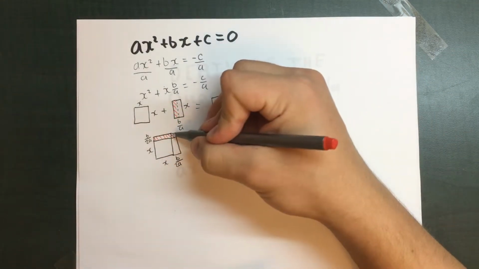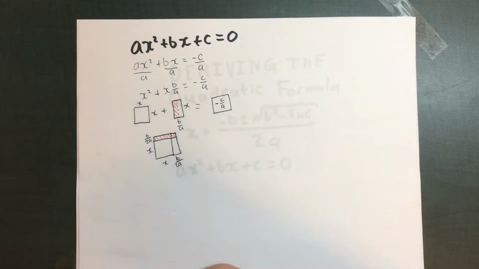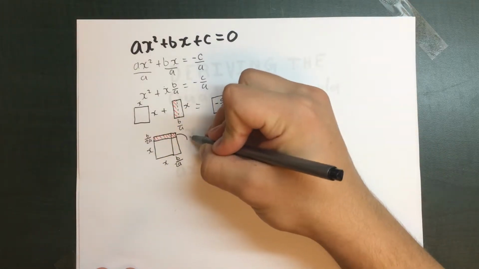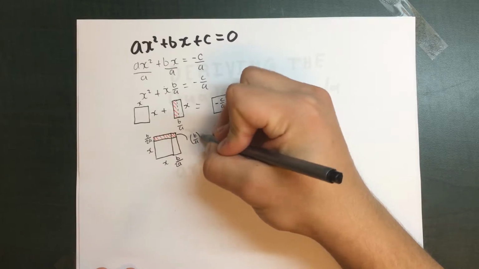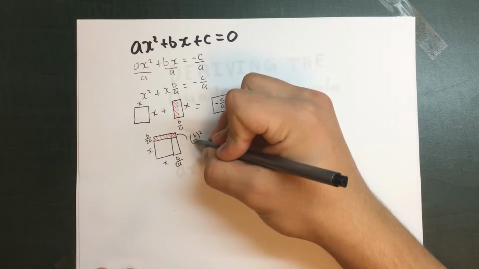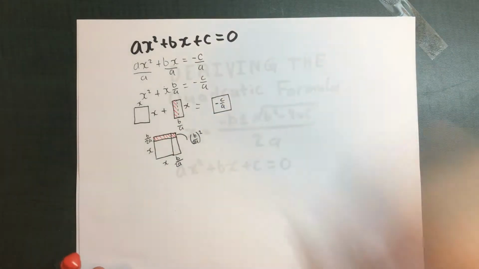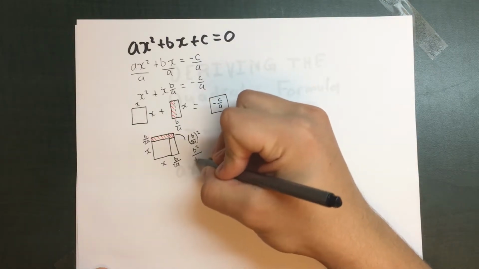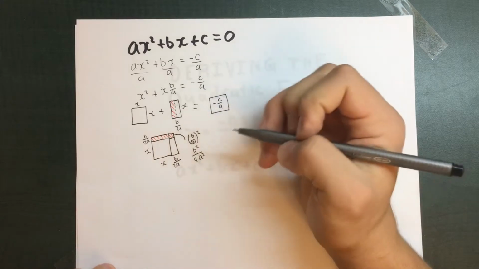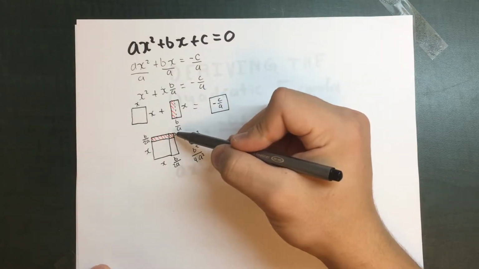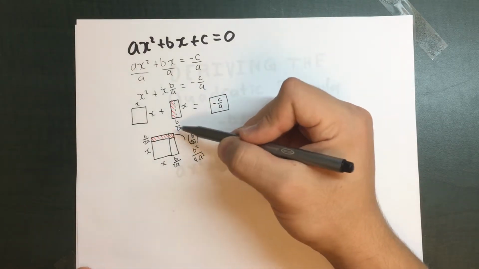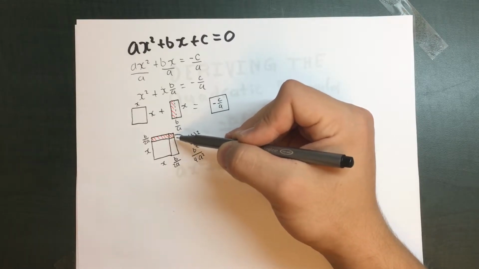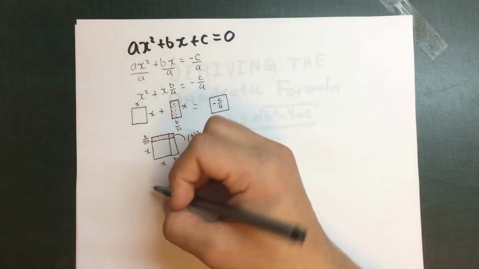This area right here is actually equal to b over 2a squared, sorry. And if we simplify this, it's b squared over 4a squared. Since we're adding a fictional area to our geometric shape, we have to add it to both sides of the equation.